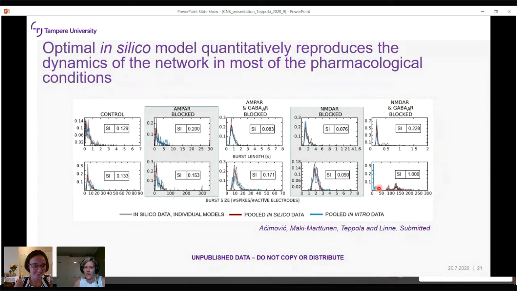There is either very high spiking and the length is fine, but if you want the burst size to be accurate, then the burst length deviates from that. I think this is due to the short time constant of the AMPA conductance.